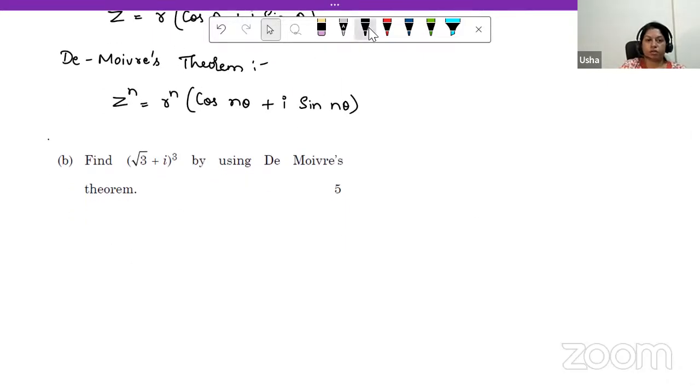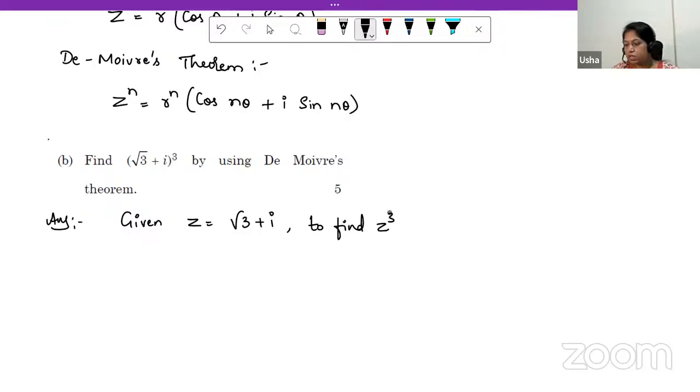So first find out the amplitude, that is the modulus, and the argument. First in the answer, write given z is equal to root 3 plus i. And to find, z power 3. Is this clear?